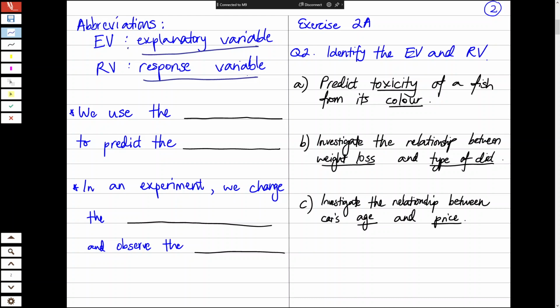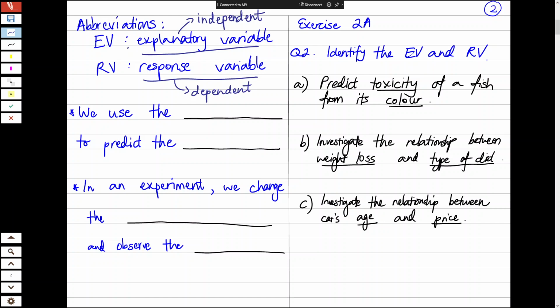Now I think I asked this question to my class last year. When you do science, do you learn the terms independent and dependent variable? Okay. So that's good news. The explanatory variable is just another name for the independent variable, and the response variable is just another name for the dependent variable.